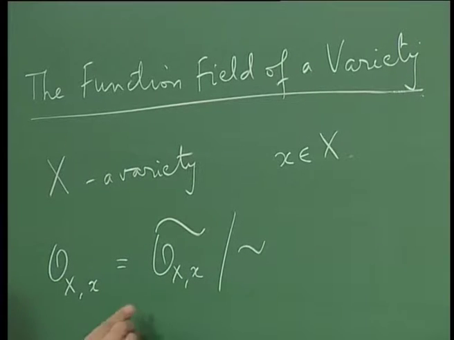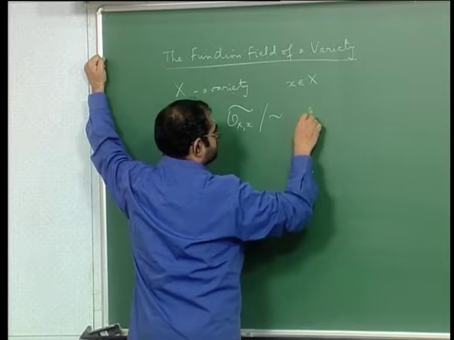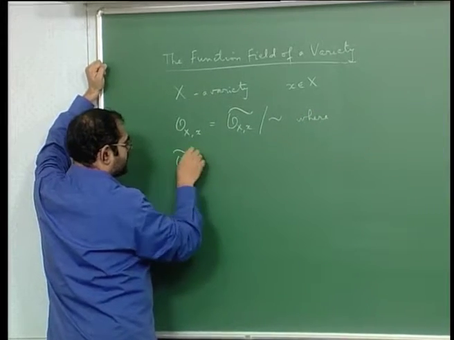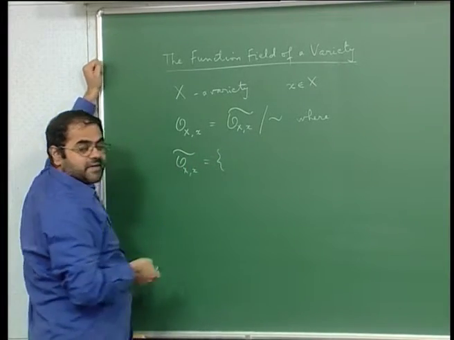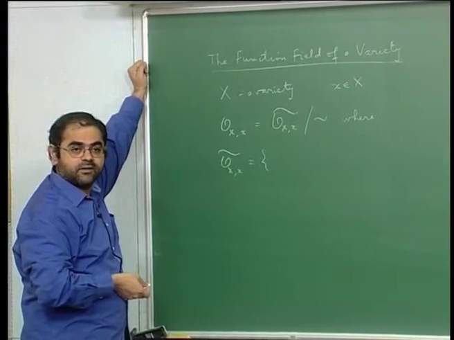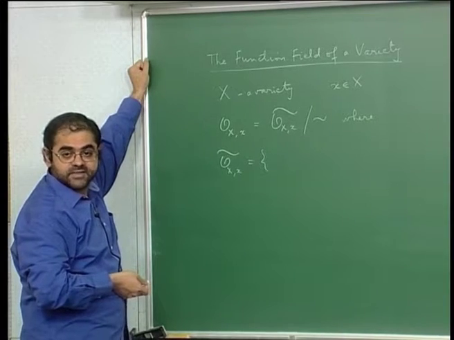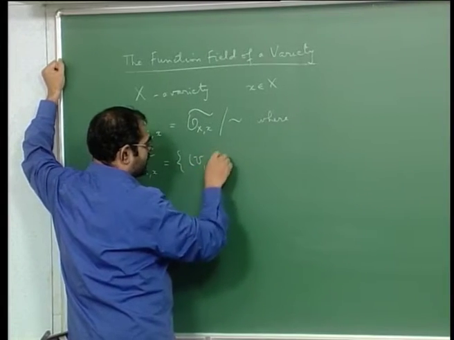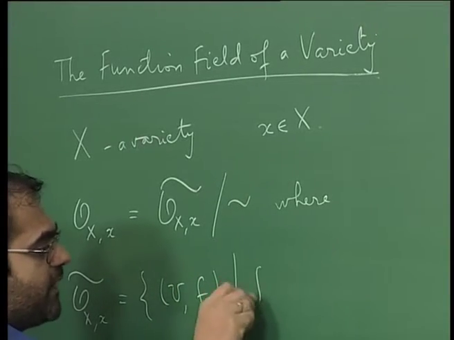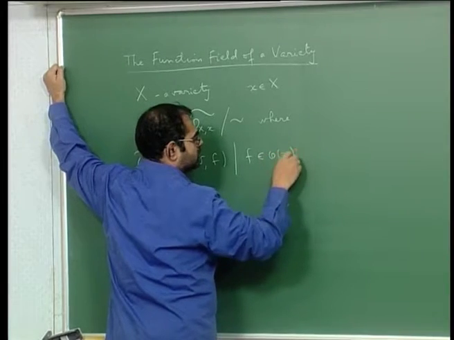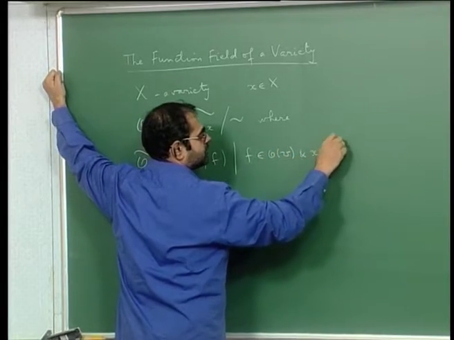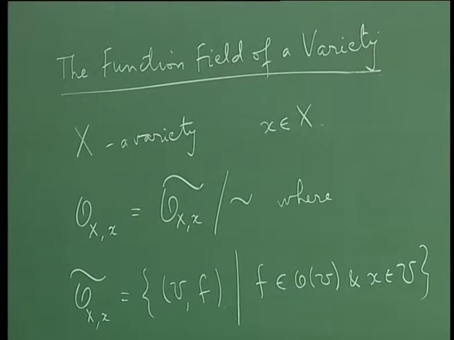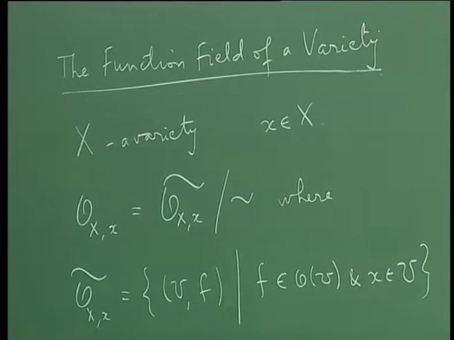What was this Õ_{X,x}? These were just pairs of functions which were regular in some Zariski open neighborhood of the point x. So this consisted of pairs of the form (U, f) such that f is in O(U) and x belongs to U. You are just looking at functions which are defined on an open neighborhood of the point x and which are regular.